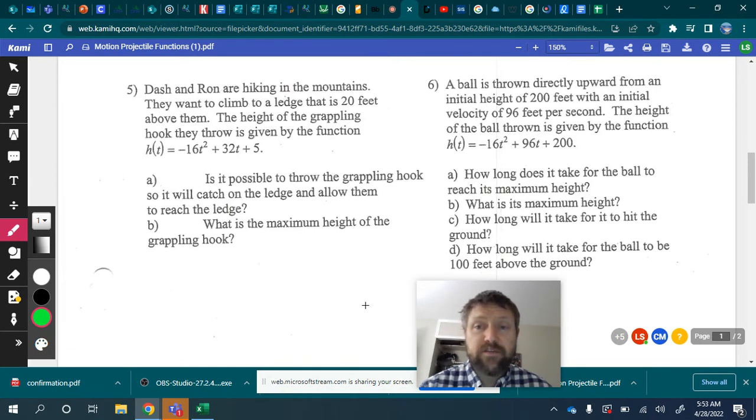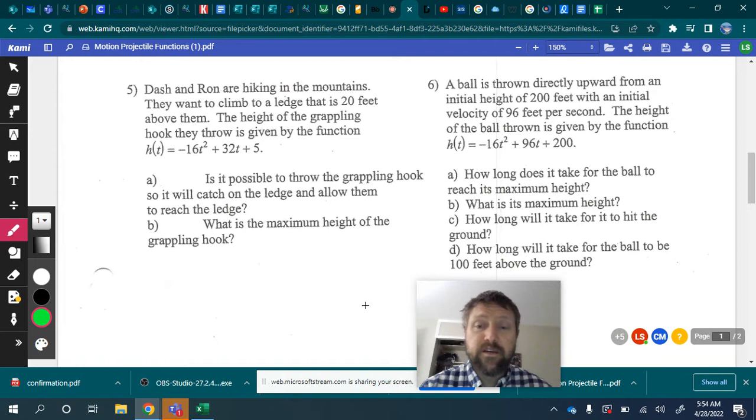Number 6, a ball is thrown directly up from an initial height of 200 feet with an initial velocity of 96 feet per second. That should say an upward velocity because we haven't talked about vectors. Vectors means direction, but anytime you do these types of quadratics, we're talking about upward velocity because the height has to do with how far we are vertically up and down.